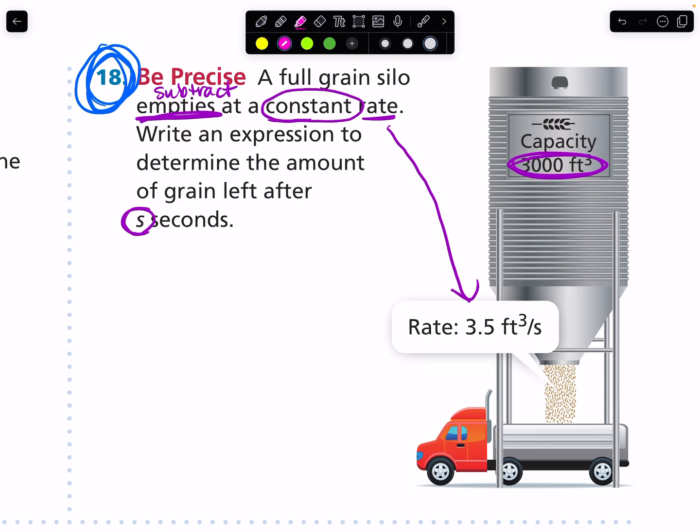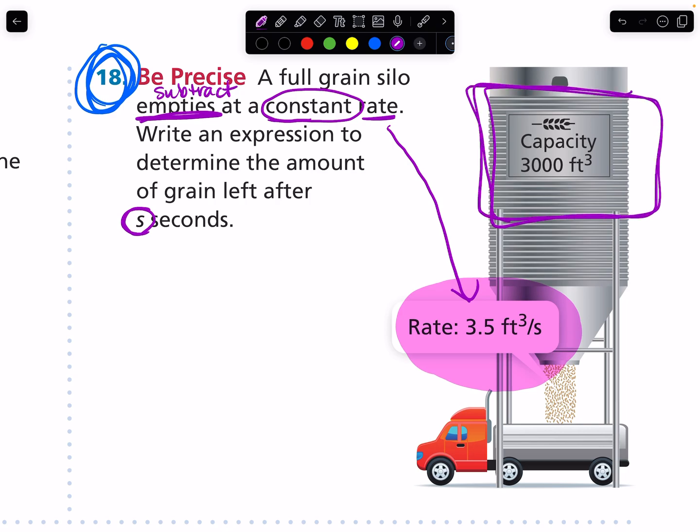The rate itself is what's going to cause the change. So let's make sure that that's clear and understandable. The 3,000, the capacity, is always going to be the capacity of this silo. That is why we start with that, and I hate the word that they use, the constant right there. That's why that is our constant. That is what we start with, so that number stays the same.